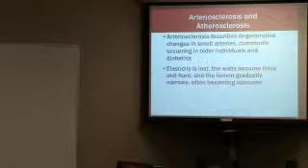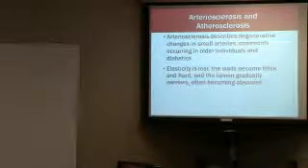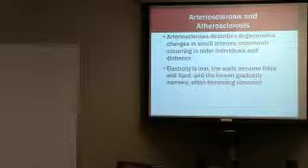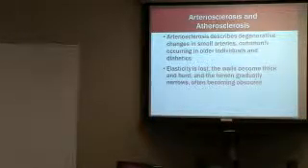Okay, so now we're going to talk about some different conditions which will affect the arteries. So atherosclerosis, which is a degenerative change in the small arteries, and usually this occurs in your geriatric patients and your diabetic patients. And I've got some examples of that in just a moment.